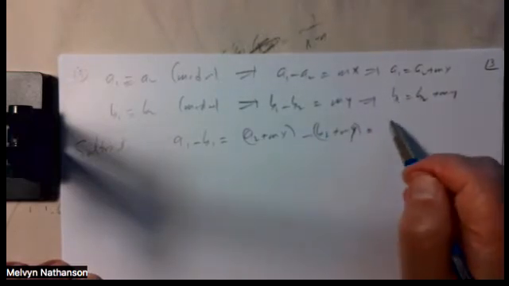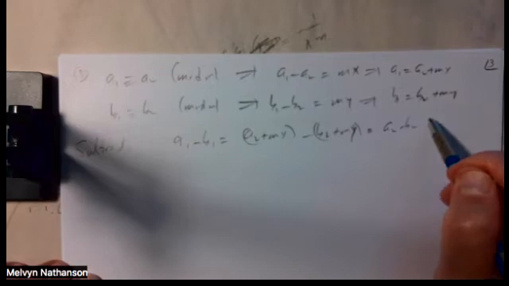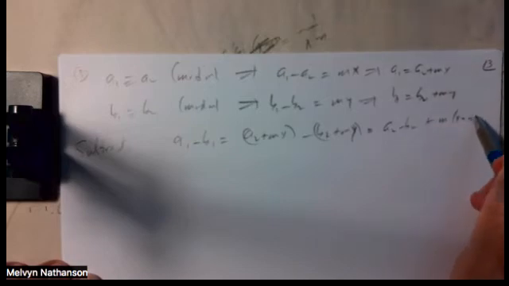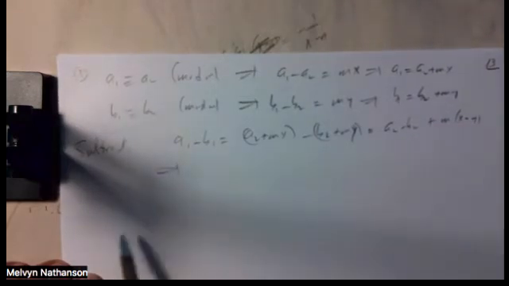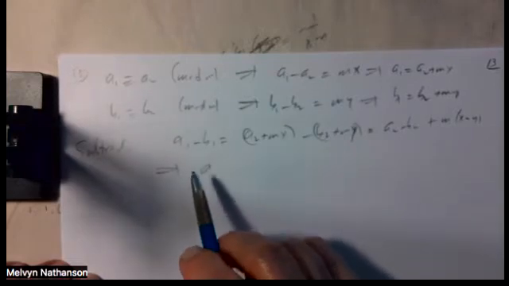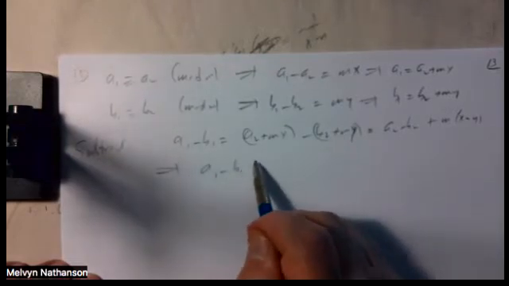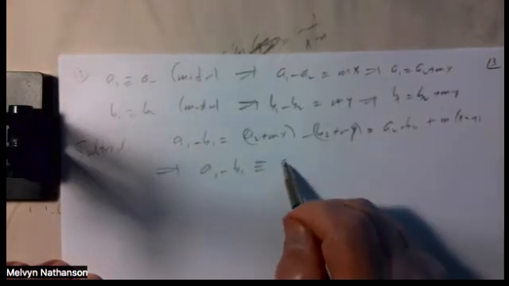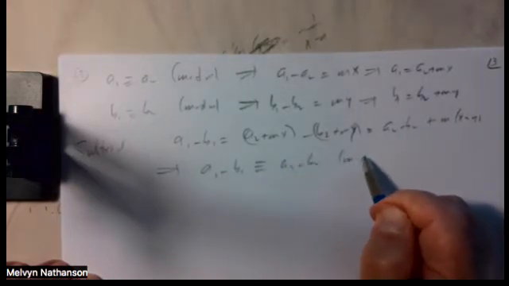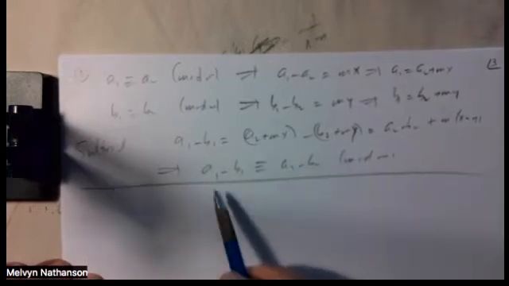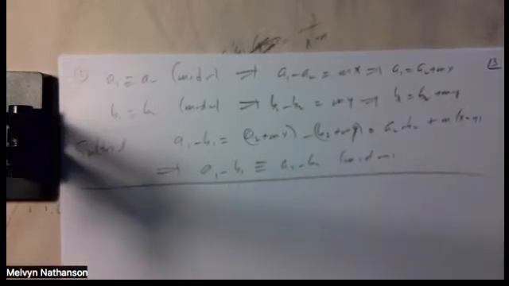That's A2 minus B2 plus M times (X minus Y), which means exactly that A1 minus B1 is congruent to A2 minus B2 mod M, because the difference is a multiple of M. Okay. Any questions about that?